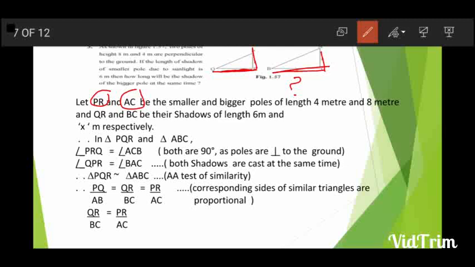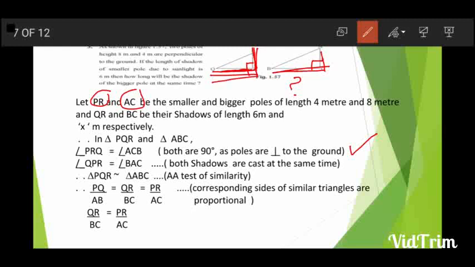Now for this, first let us prove that the two triangles are similar. How will we prove it? Now see, these two angles are 90 degrees. Already they have given it. Even if they have not given it, we have to consider them as 90 degrees because poles will always be perpendicular to the ground. So in the first triangle I have written PRQ.